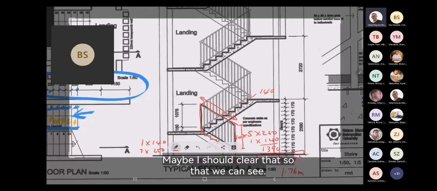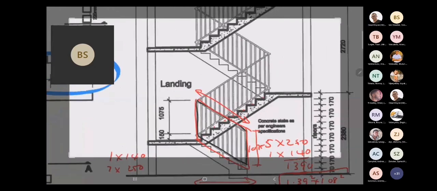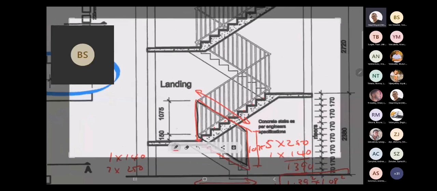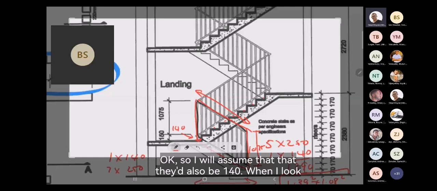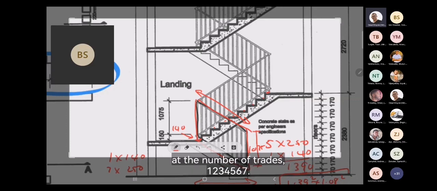Maybe I should clear that so that we can see. Remember that this here was 140. That was 140. So I would assume that there would also be 140 when I look at the number of threads. 1, 2, 3, 4, 5, 6, 7. 7 threads.